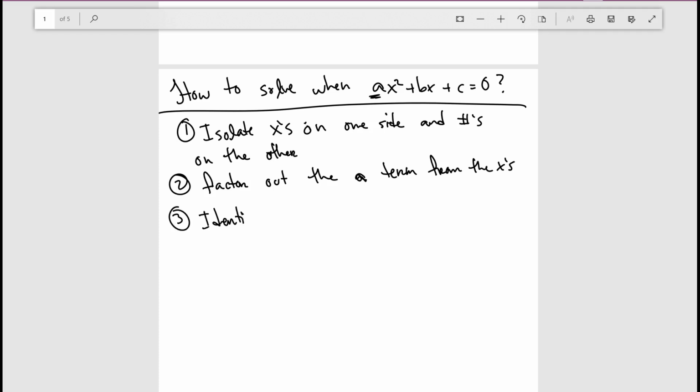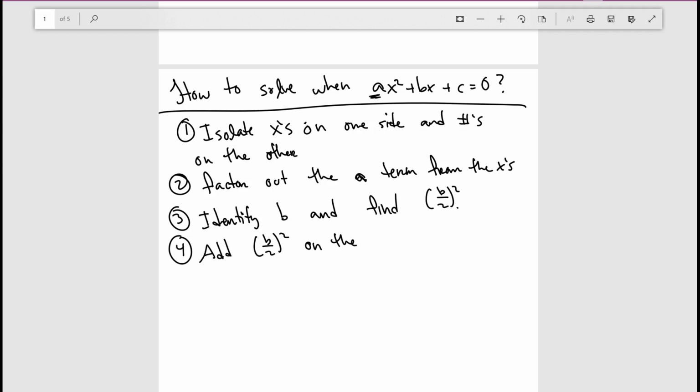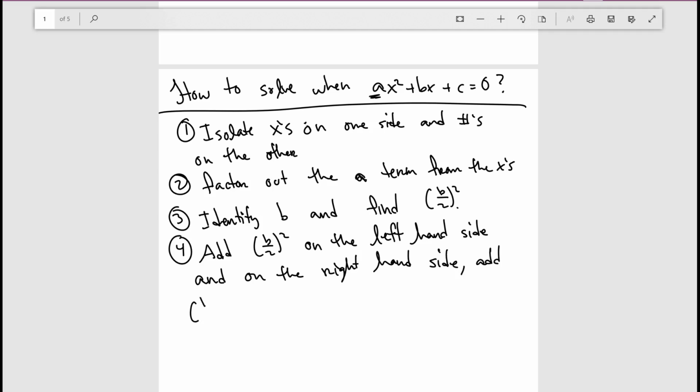Identify b. And find b over 2 squared. Add b over 2 squared on the left-hand side. And on the right-hand side, add b over 2 squared times a.